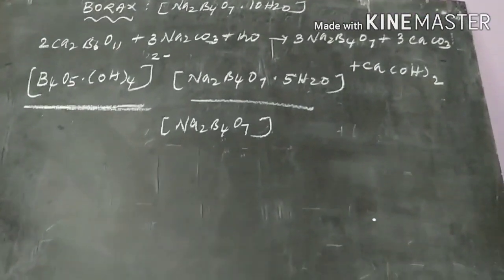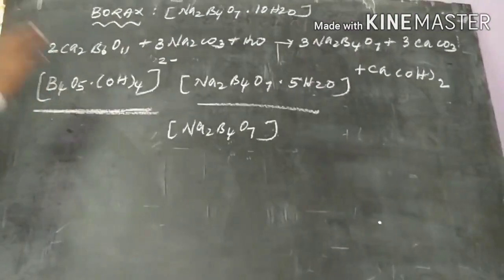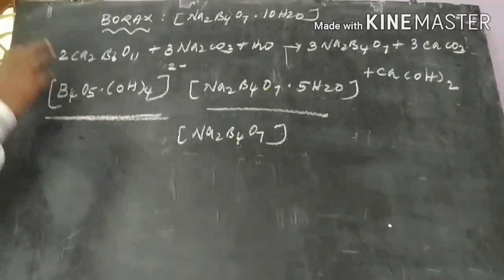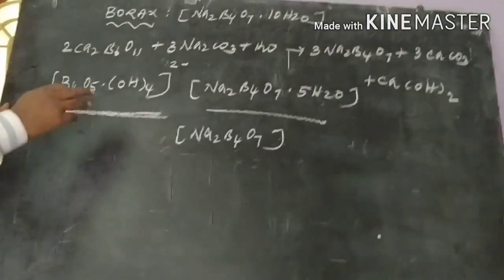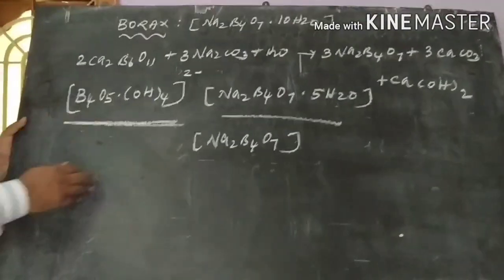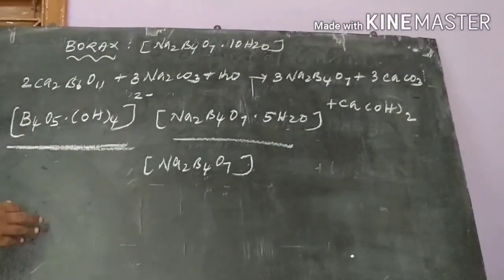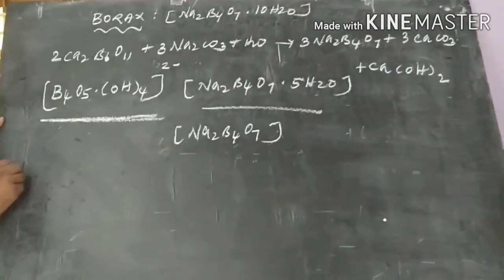Borax is basic in nature, and its solution in hot water is alkaline. Alkaline means a base, as it dissociates into boric acid and sodium hydroxide.